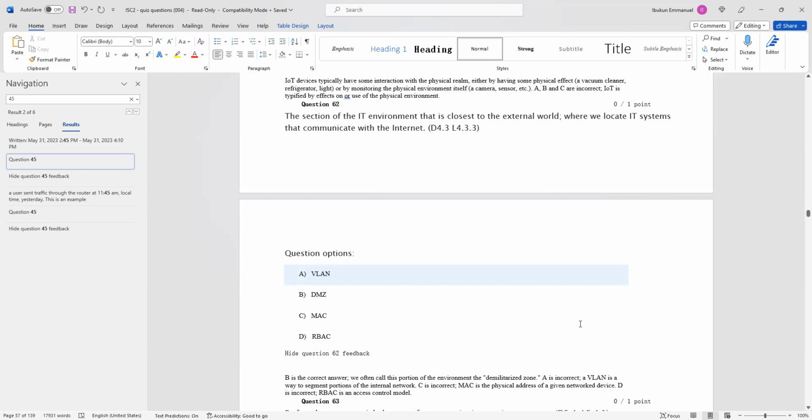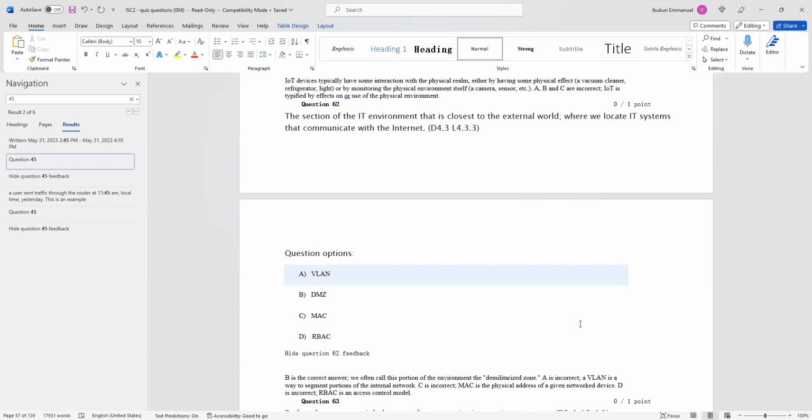Can anyone tell us what that is? Any responses? Or should I explain?